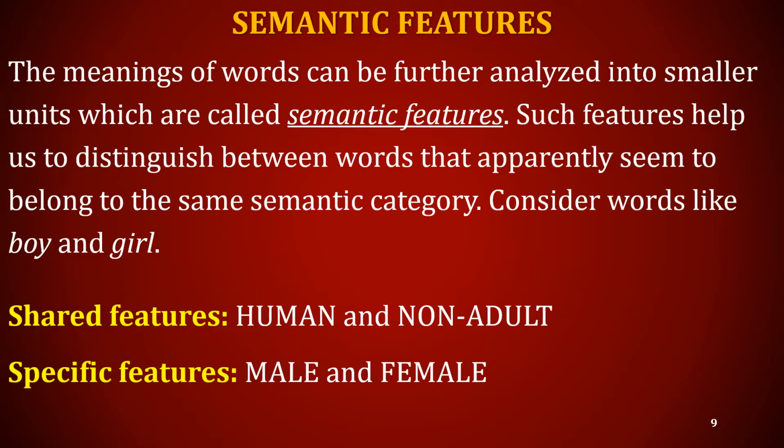Consider words like boy and girl. The shared features between them which make them belong to apparently the same category are human and non-adult. Now, the specific features which help us to distinguish between them are male and female.